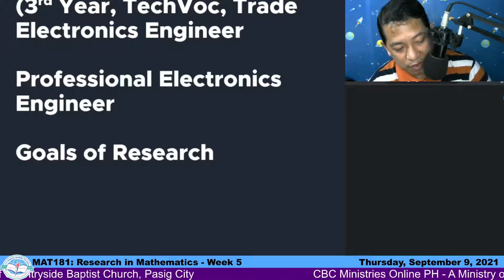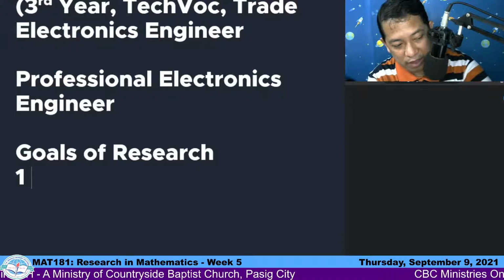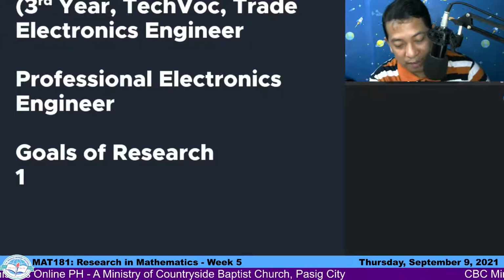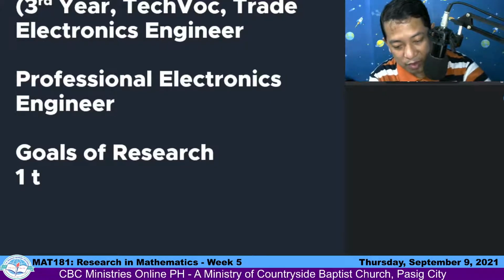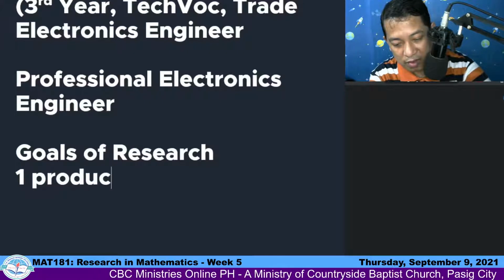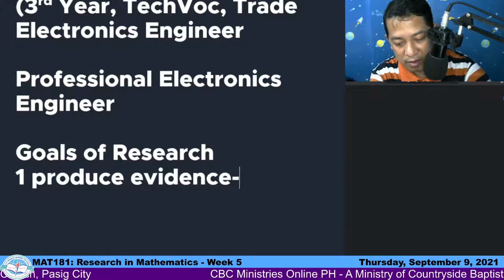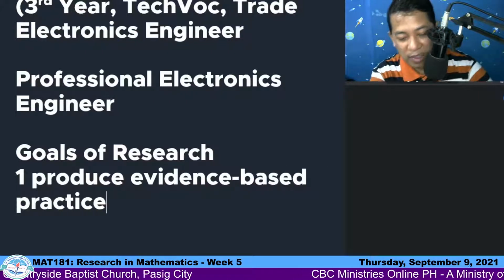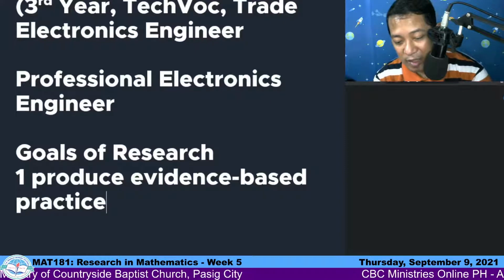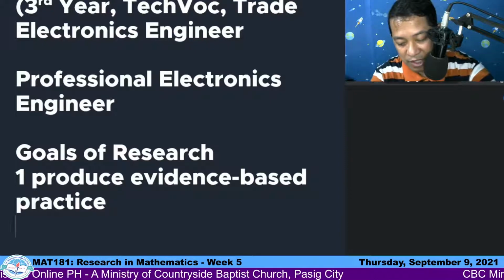So, first is to produce evidence-based practice. Research in terms of our practice, as applied now as being an educator. So, research will produce evidence-based practice. So, what do I mean by this? Based on research, makakagawa tayo ng mga evidence-based practice, perhaps in terms of our teaching mathematics.